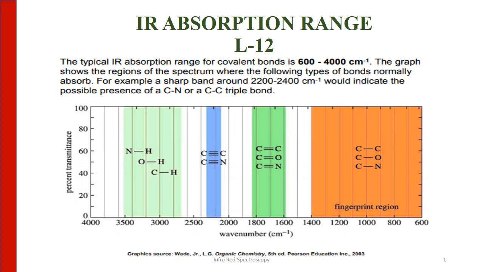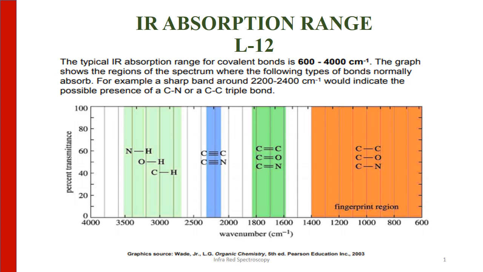Good morning, students. Last time we discussed IR absorption spectroscopy, the instrumentation part, in which we have seen that when the IR radiation is emitted over the sample, the intensity decreases, and then it goes to an amplifier, which can further increase the intensity.